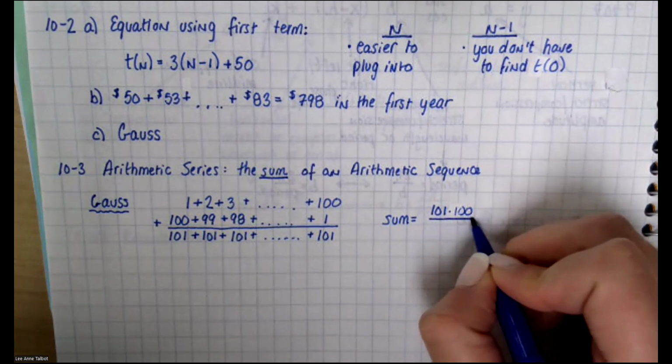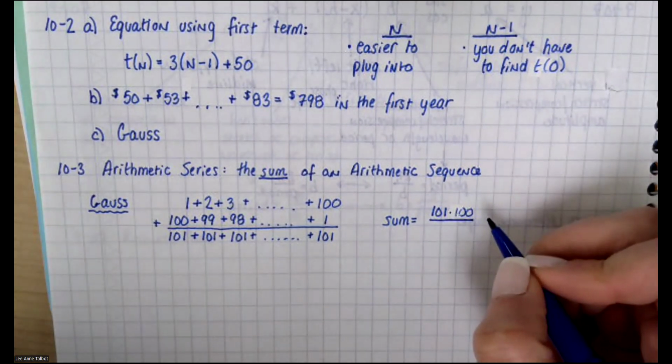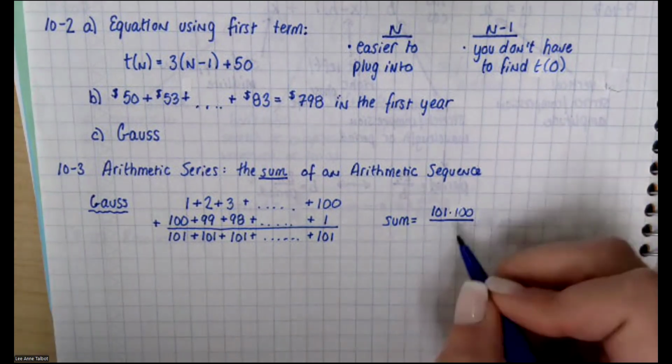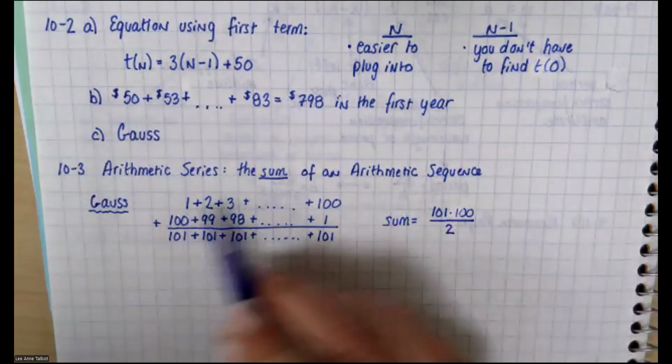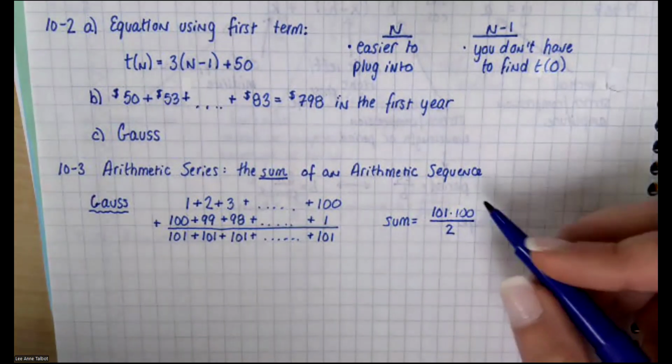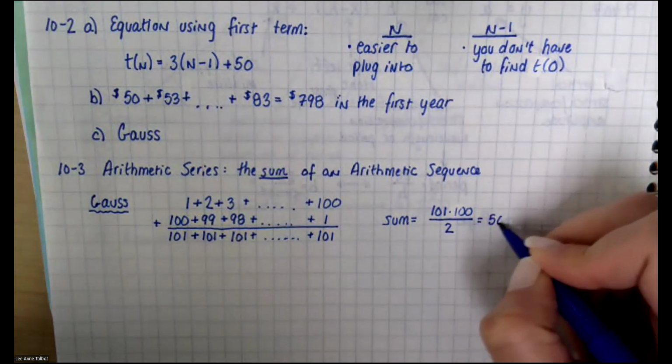The last term is 100, right? So it went all the way up to 100. And then he said, I have to take this answer and divide it by 2 because I actually had it written twice. And this comes out to be 5,050.